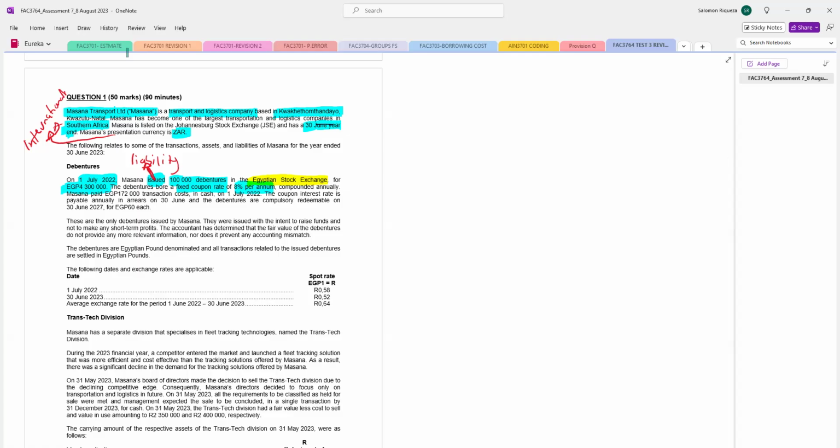Masana paid 172,000 Egyptian pounds transaction cost in cash. This was paid on 1 July 2022. Okay, then continuing.